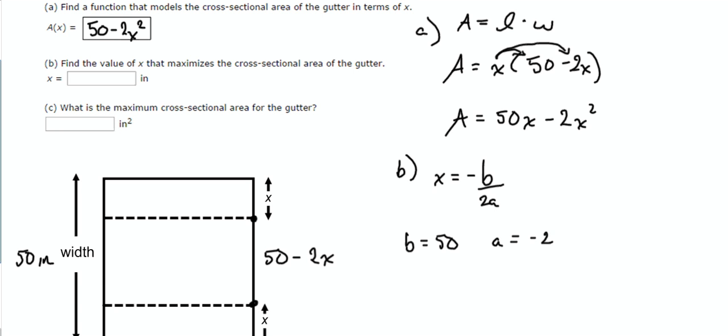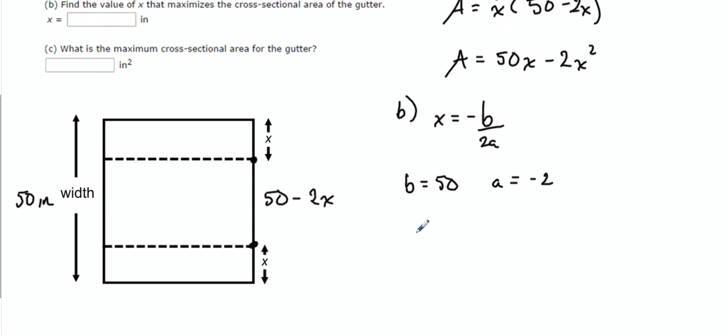So let's plug those in. So x equals, you always start off with your negative. b is 50 divided by 2a, or 2 times -2, and -50 divided by 4 is -12.5.